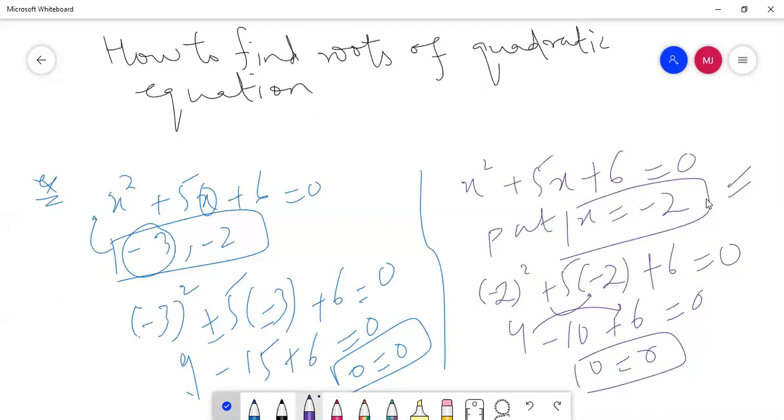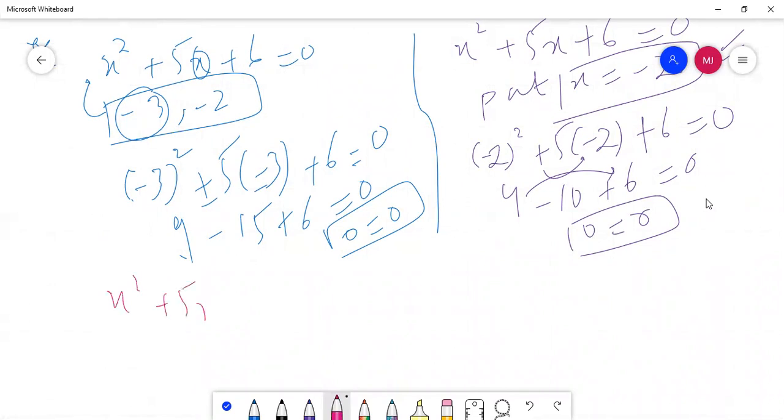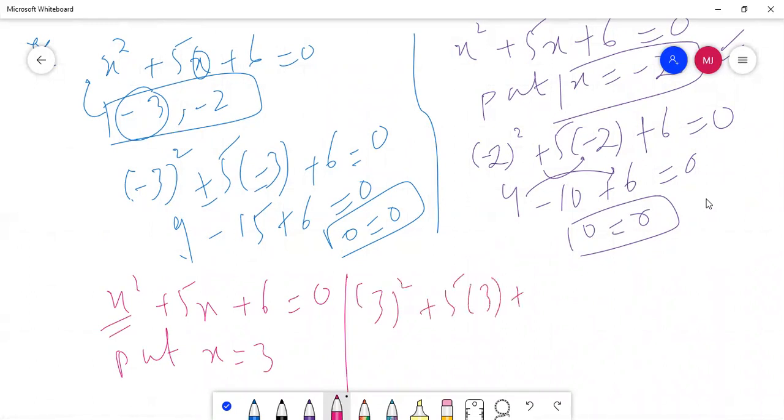If I put any other value, let me show you. Like if I consider the equation and put x is equal to 3, so x square means 3 square plus 5 into 3 plus 6 is equal to 0. 3 square means 9 plus 5 3s are 15 plus 6.